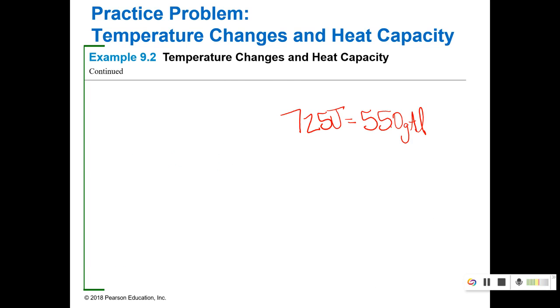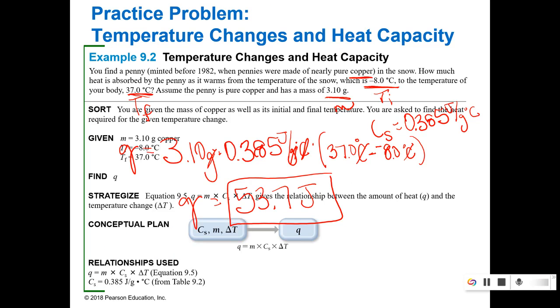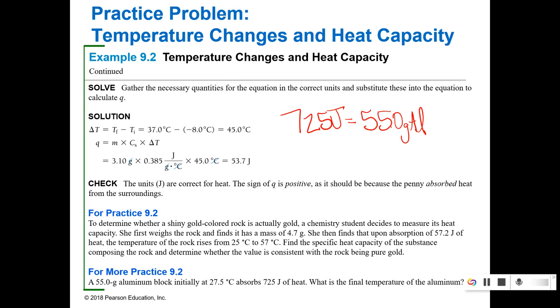Initially, okay, so we've got to go back and get aluminum's specific heat, 0.903. So times 0.903 joules per gram degrees Celsius times Tf minus 27.5.